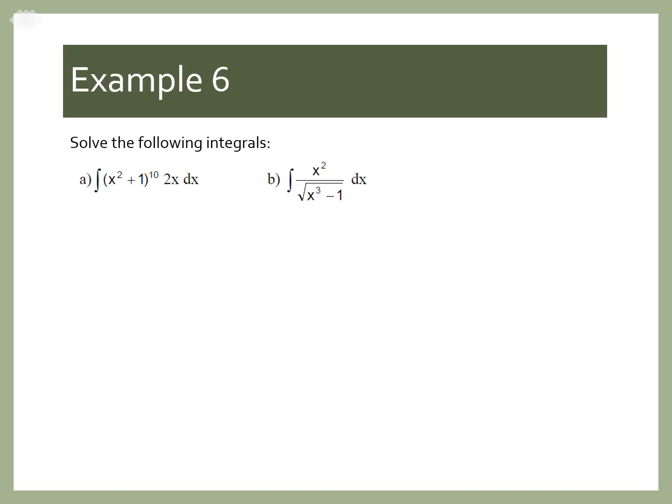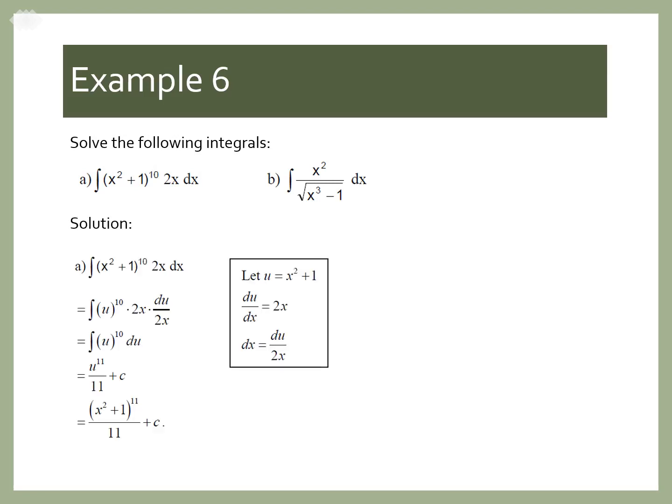Refer to example 6. Solve the following integrals. As both integrals cannot be solved directly using basic rules of integration, you need to apply integration by substitution. For a, by letting u equal to x squared plus 1, differentiate, you will get du over dx equal to 2x. Substitute this into the original integral and simplify, you will obtain a new integral.